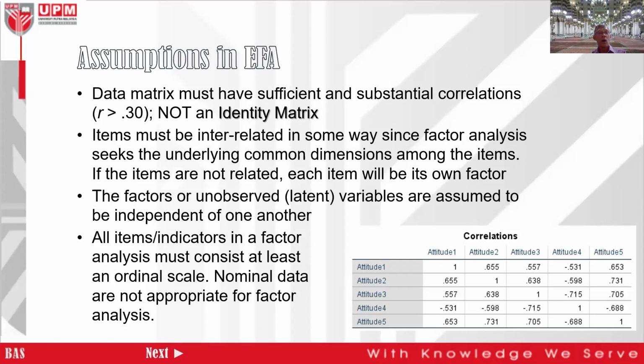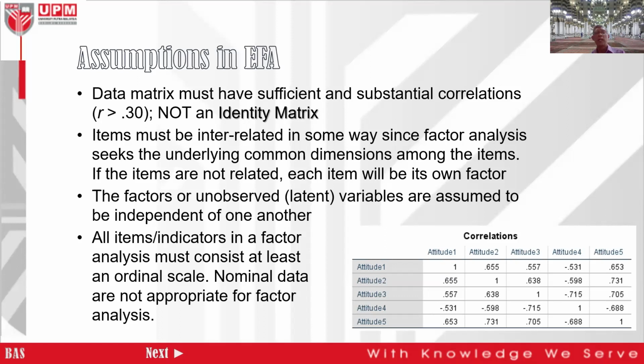Okay, and then all items or indicators in the factor analysis must consist of at least an ordinal scale. That means it shouldn't be nominal. The minimum is ordinal scale, as we normally have with Likert scale items. When you go for Likert scale items, we have 1, 2, 3, 4, 5, or sometimes people use 1 to 7, or 1 to 10, depending on the scale that you use.